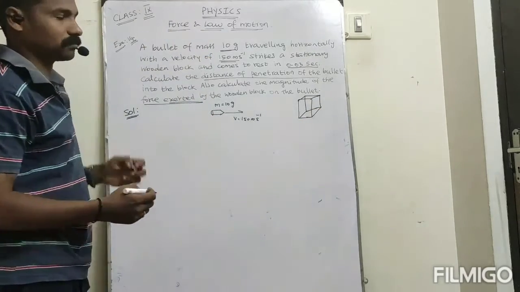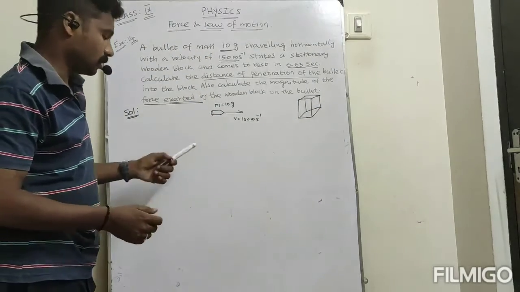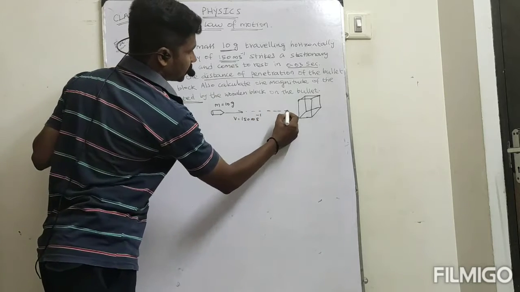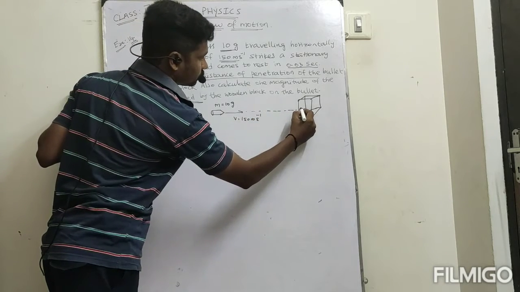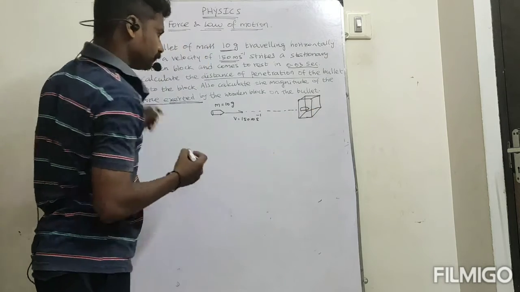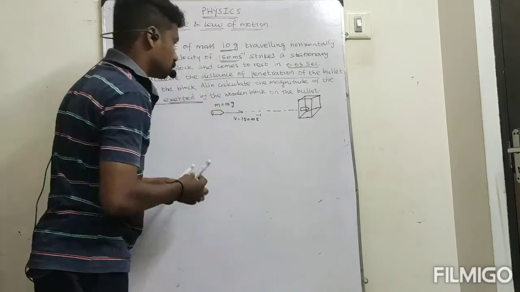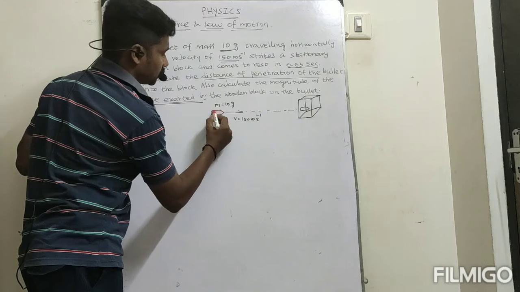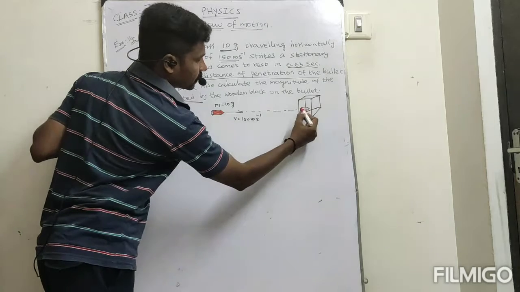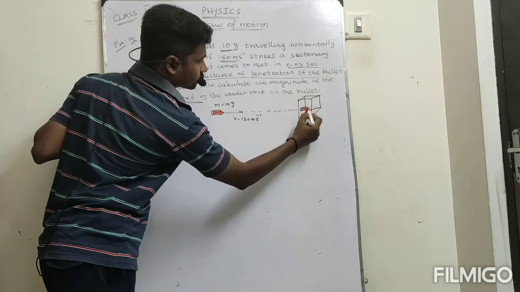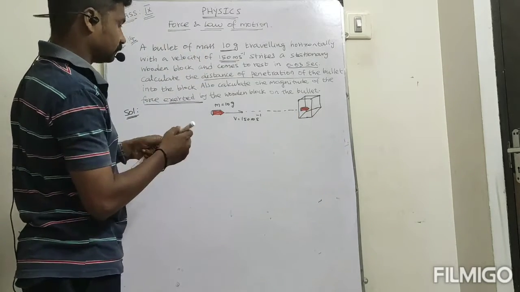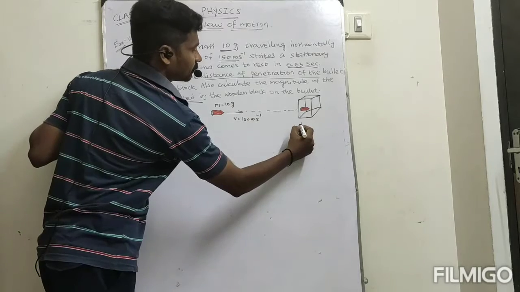Now this bullet has entered inside the block, so see that this is the bullet. Now this bullet enters inside the block.